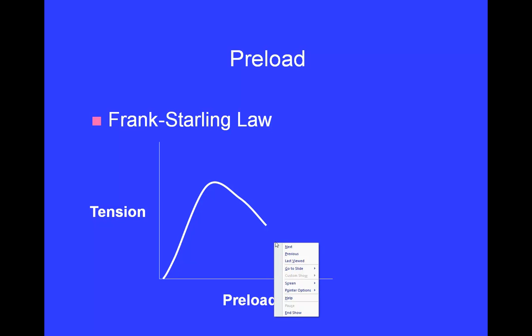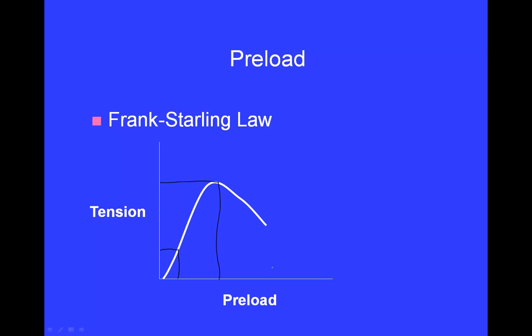So if I grab my little marker here, if we don't have very much preload, we're not going to generate much tension when that muscle contracts. If we optimize the amount of preload, we're going to maximize the tension that can be generated by a given person's ventricle.